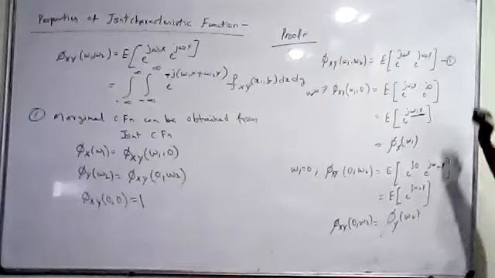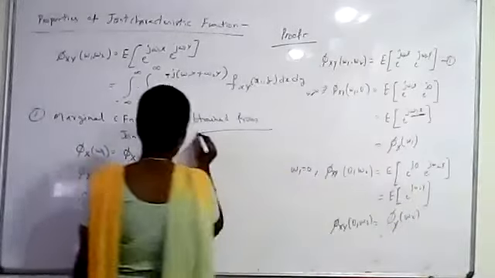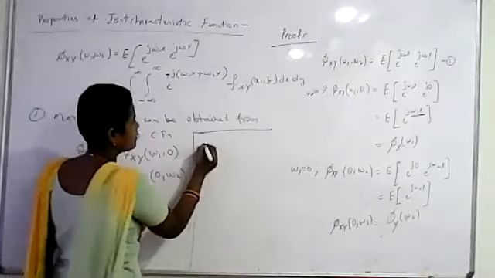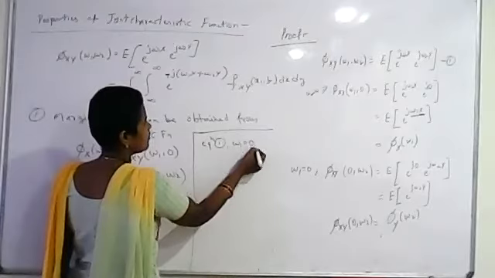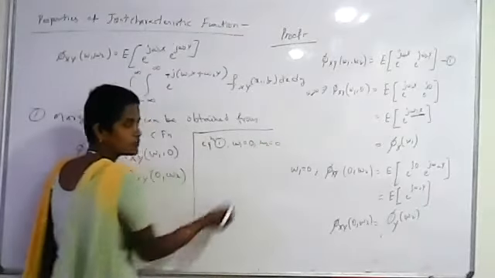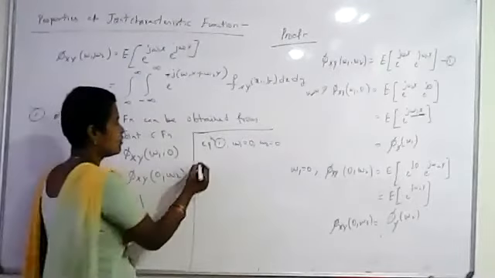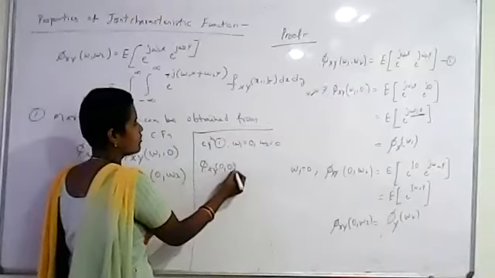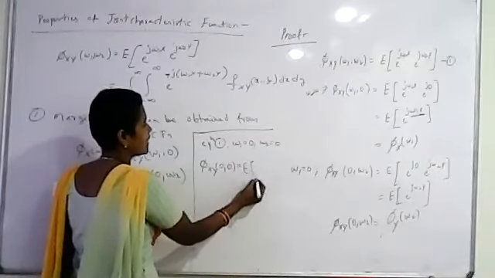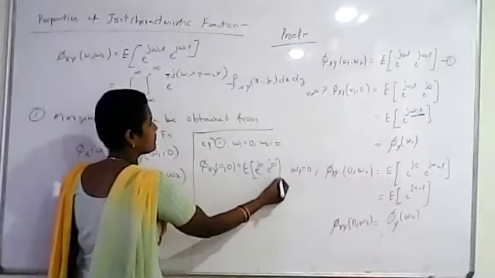Okay. Now in equation 1, if you substitute omega 1 equal to 0 and omega 2 also equal to 0, both equal to 0, then phi xy of 0 comma 0 is the expected value of e power 0.